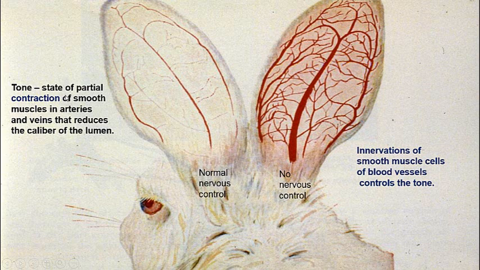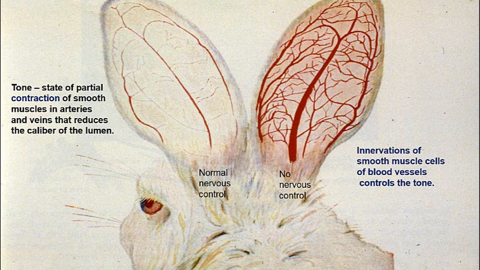Now, tone is a state of partial contraction of smooth muscle cells on arteries and veins to reduce the caliber of the lumen. So you're reducing the caliber. This is a normal state. But if you cut the nerve that innervates the blood vessels, no longer will they be partially contracted, and they will swell to the fullest extent.